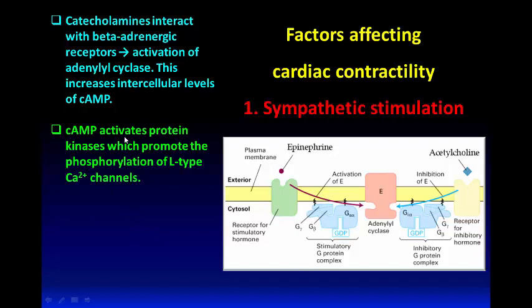The cyclic adenosine monophosphate activates protein kinases which promote phosphorylation of the voltage-gated L-type calcium channels which we have in the T-tubular system in the sarcolemma. These are the dihydropyridine receptors, so we have more influx of calcium. And the more influx of calcium we have, the more release of calcium from the sarcoplasmic reticulum we have, and the more calcium is available for the contraction cycle, so we have stronger contraction. So sympathetic stimulation thus results in a positive inotropic effect.